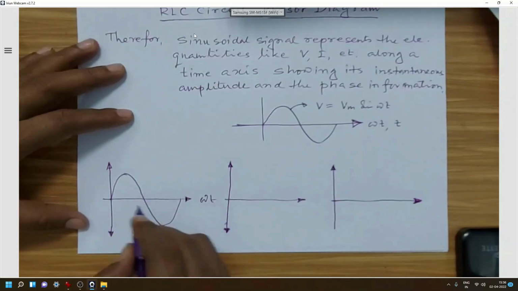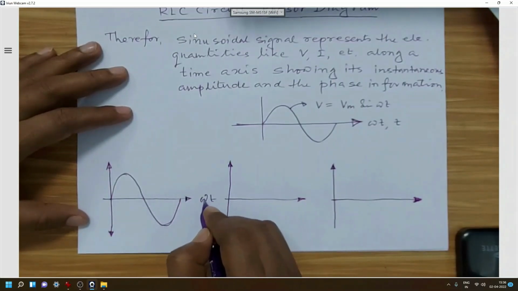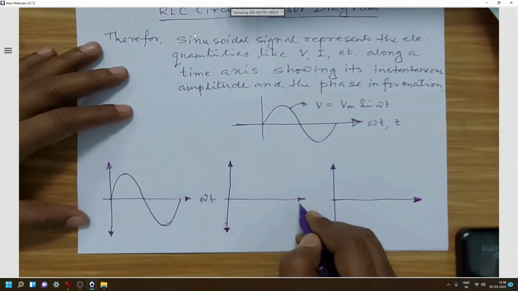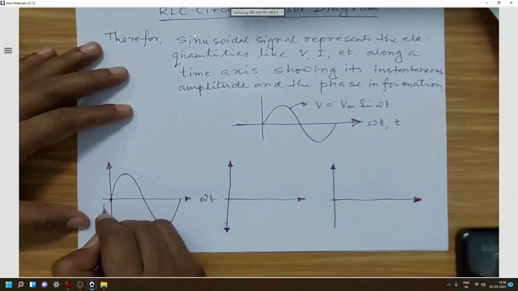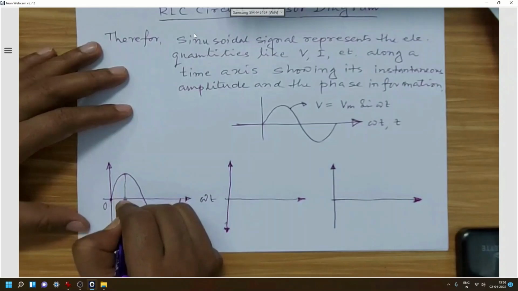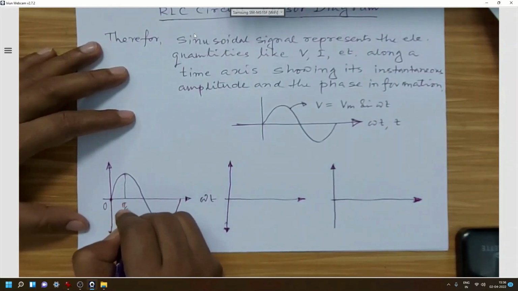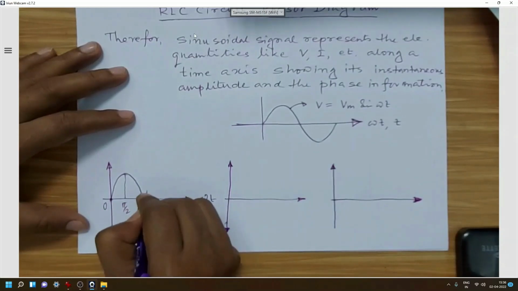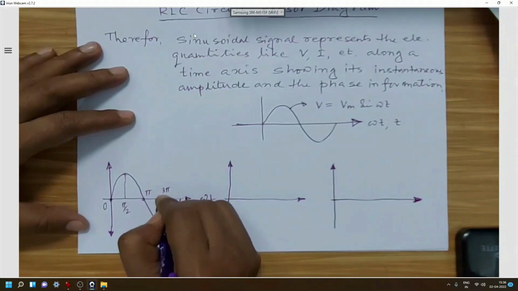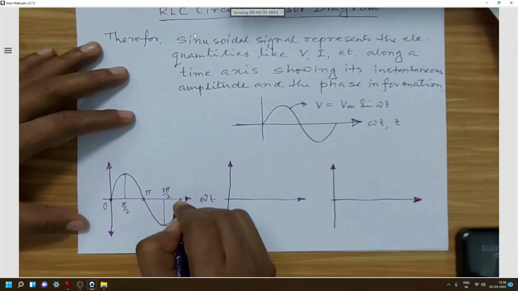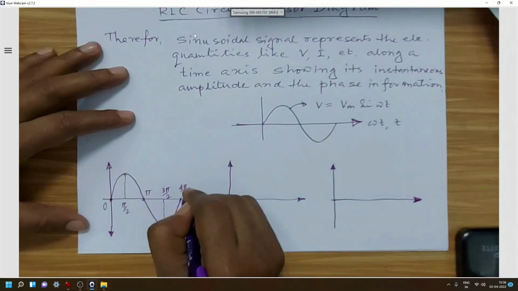So here the first graph has been drawn with the horizontal axis as omega t, and we will see that the starting point is nothing but 0, and as omega t is in radians, this will be pi by 2 radian, this will be pi, this will be 3 pi by 2, and this will be 4 pi by 2 or say 2 pi.